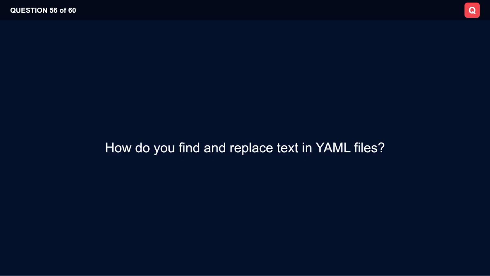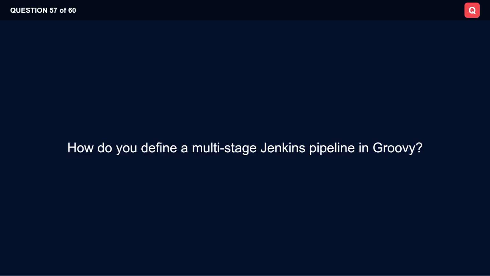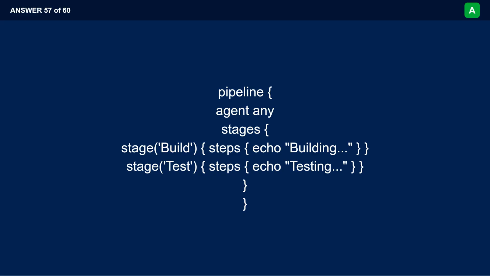How do you find and replace text in YAML files? Use sed -i 's/name: .*/name: new_value/' config.yaml. How do you define a multi-stage Jenkins pipeline in Groovy? pipeline { agent any stages { stage('Build') { steps { echo 'Building' } } stage('Test') { steps { echo 'Testing' } } } }.